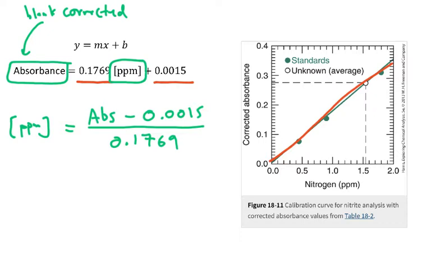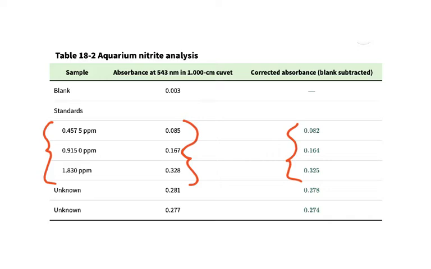So if we go back to our data, we have two unknowns. Let's say one of them, the absorbance, is 0.278, right?